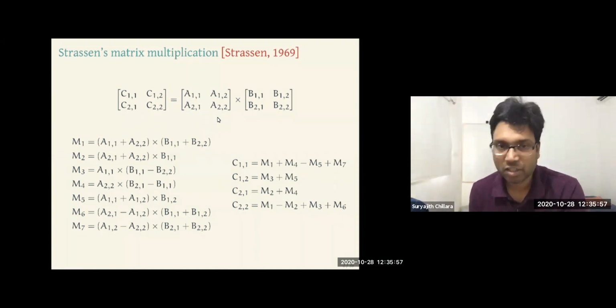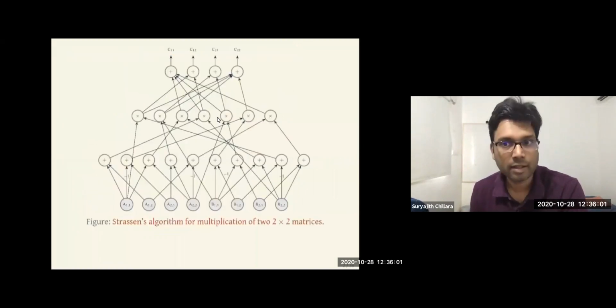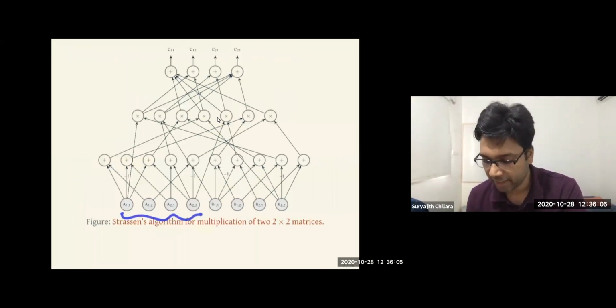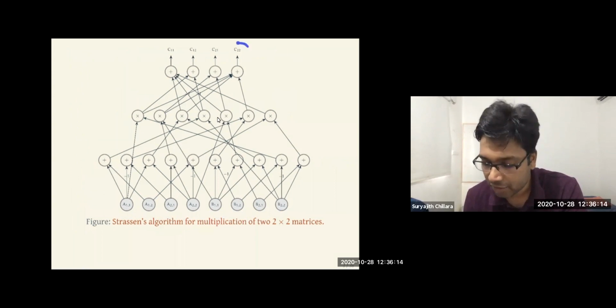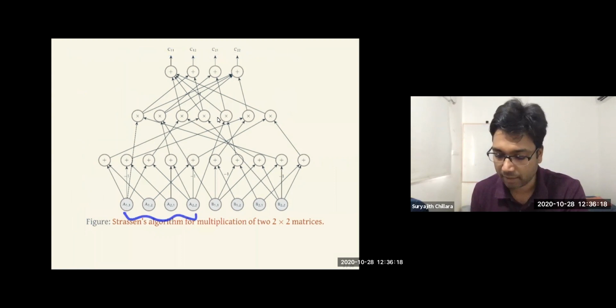Let's visualize this particular computation a bit more graphically. You have the entries of matrix A as input, the entries of B as input, and we can construct a directed acyclic graph for computing the entries of the matrix C. Here, this directed acyclic graph has leaf nodes, which are labeled by inputs.